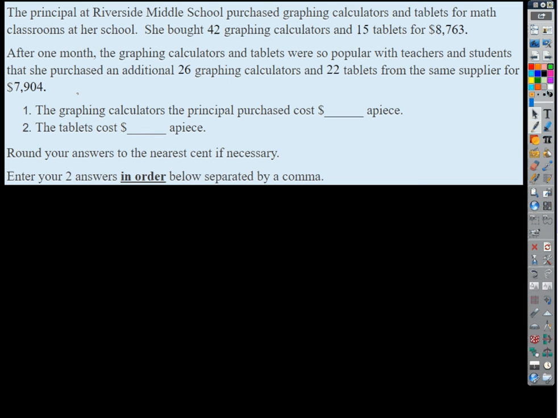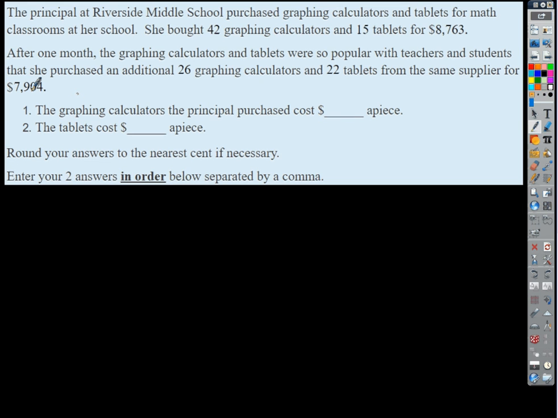What's the first thing we always want to do? What's x and what's y? Define the unknowns. So if we read this, we always just look to see what's being asked for. The principal bought 42 graphing calculators and 15 tablets for that much money, and then later bought that many graphing calculators and that many tablets for that much money, right? We want to know the cost of a graphing calculator.